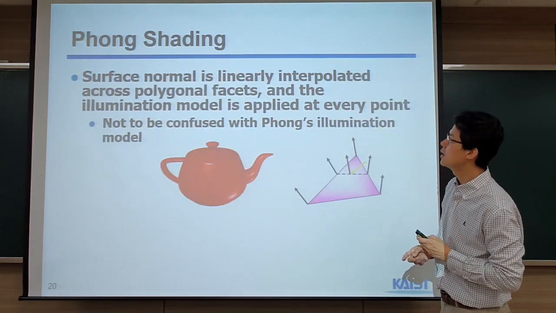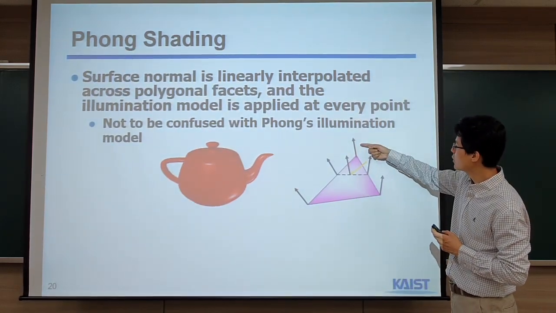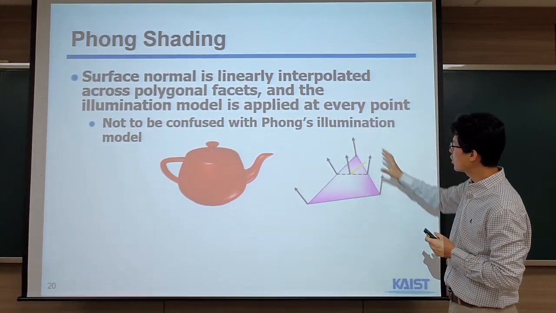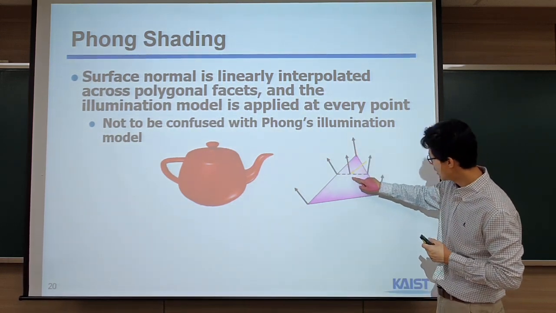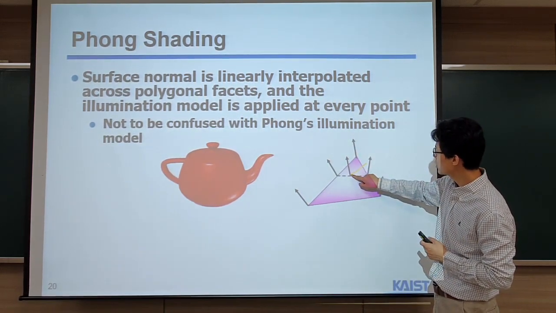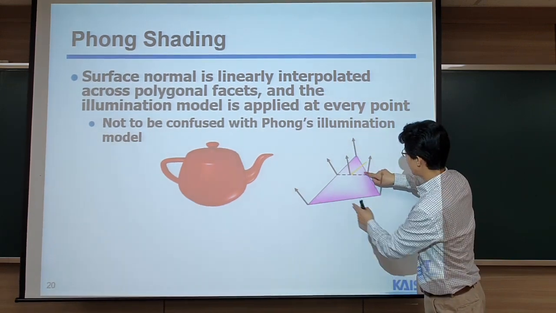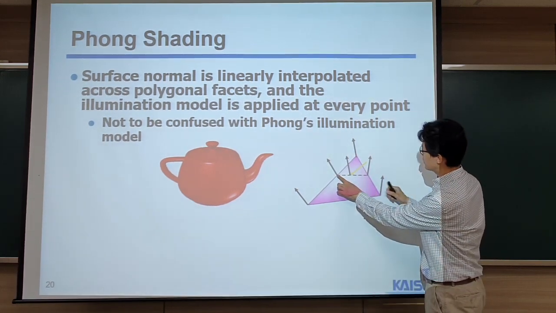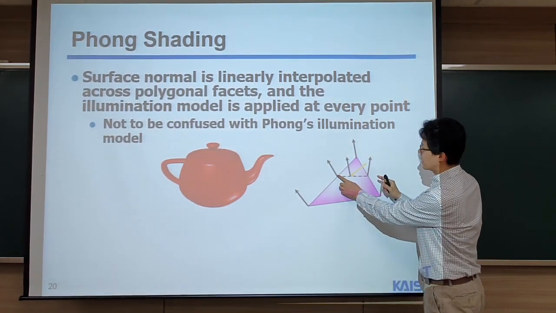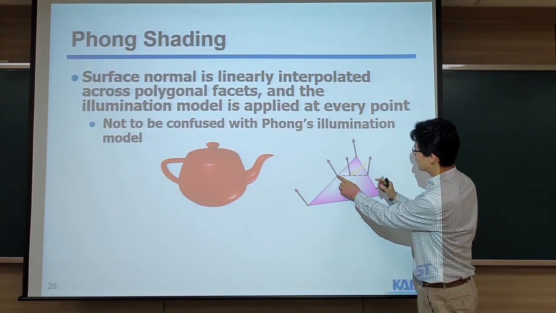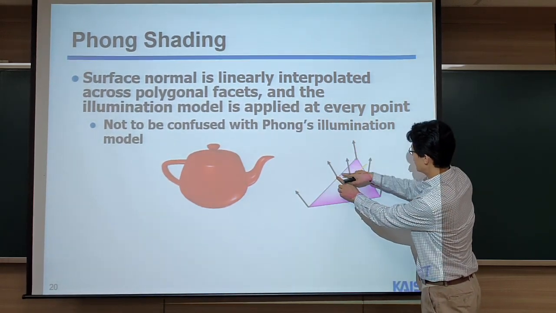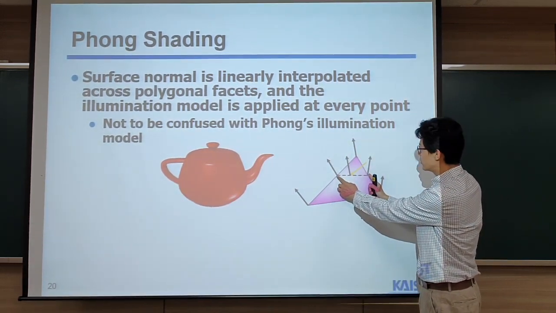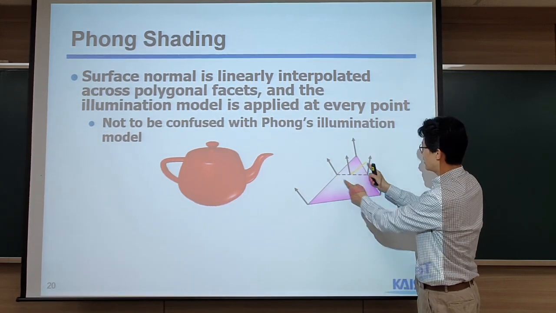But in Phong shading, we start from the normal at each vertex, and then we interpolate this normal. Suppose we want to compute the color here. We draw the line here, and we need to compute the normal at the edge by interpolating these two normals, and for the other edge we also interpolate these two normals. Then from there, we interpolate these two normals here.